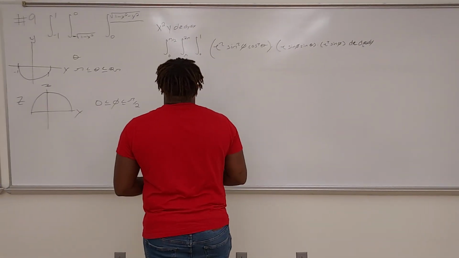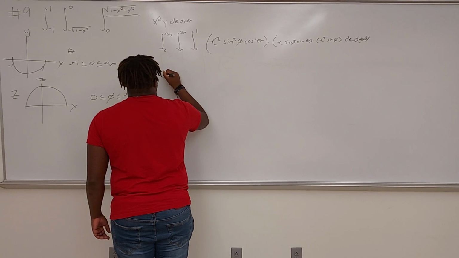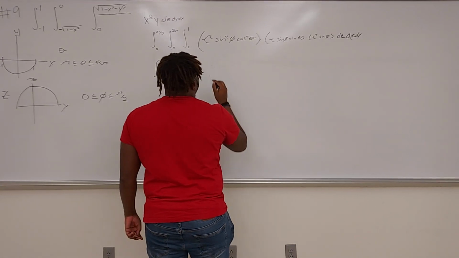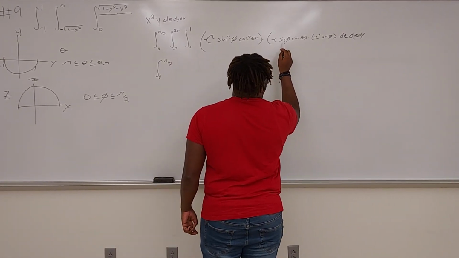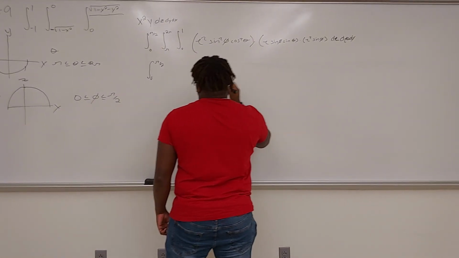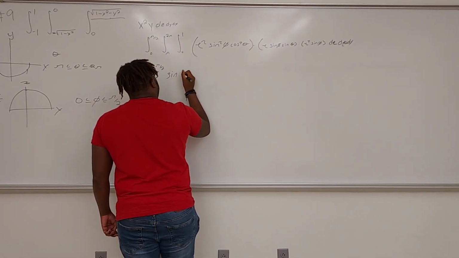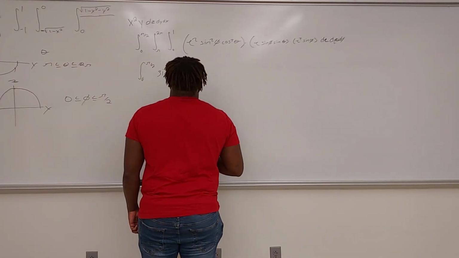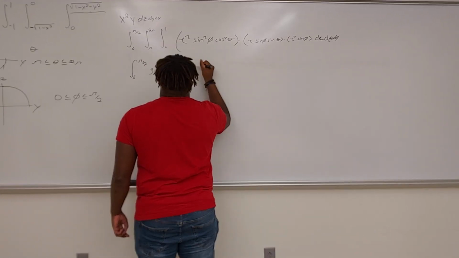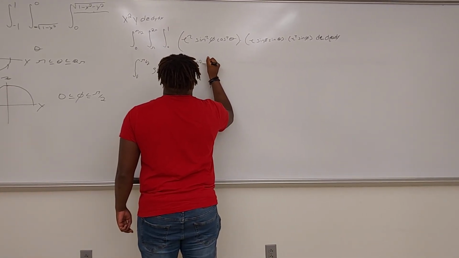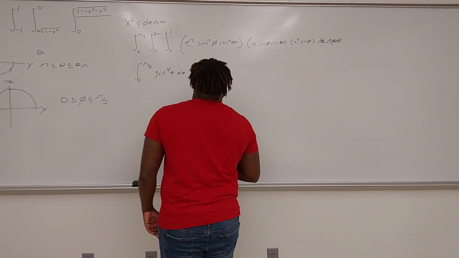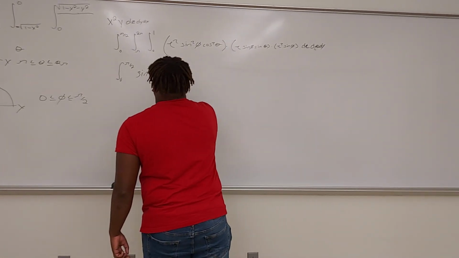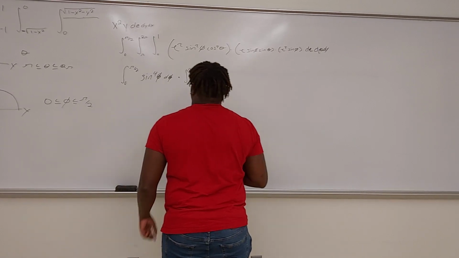Anyway, so first, we're going to do 0 to pi. So 0 to pi halves is sine to the 4th phi d phi. Then we multiply that times that, which will be d theta, d phi.